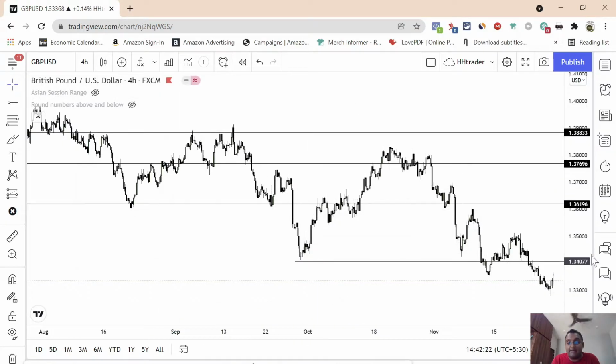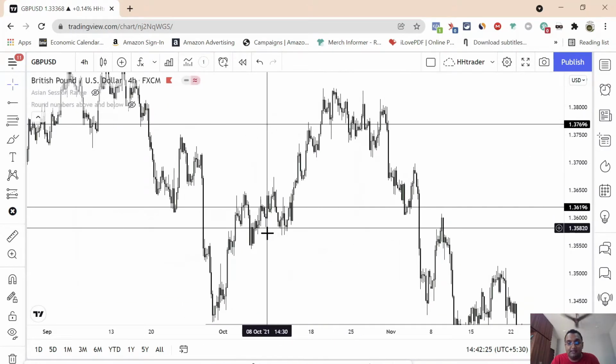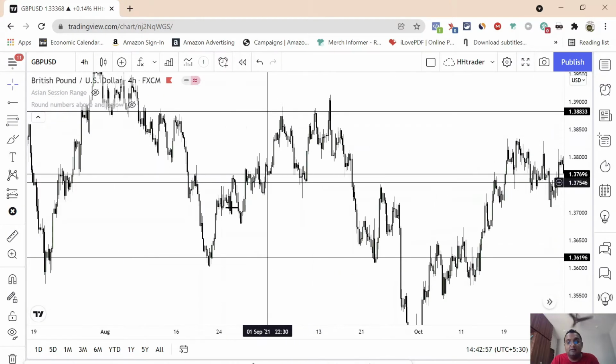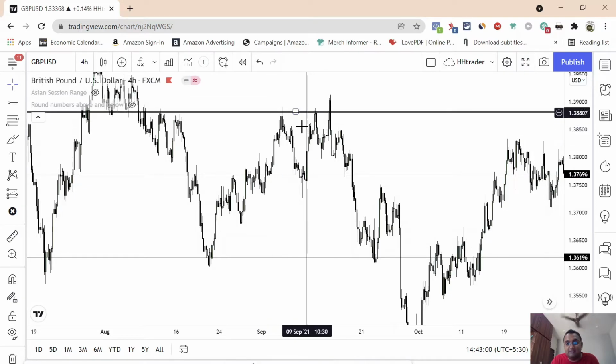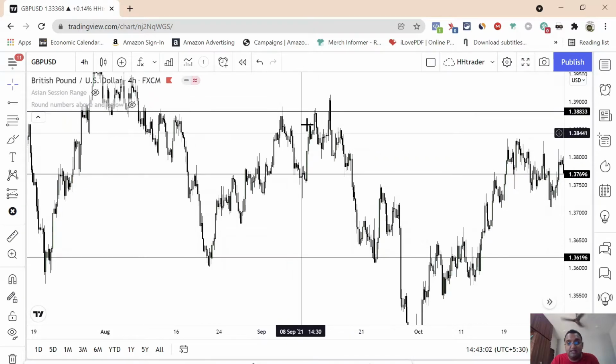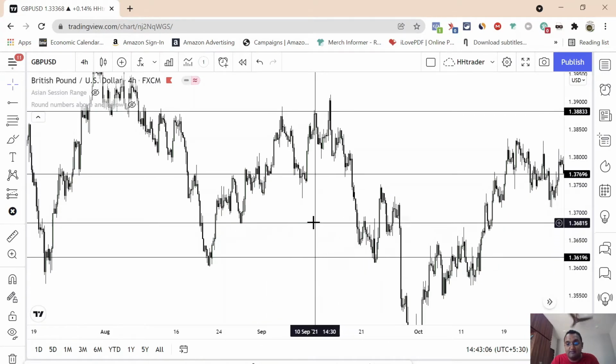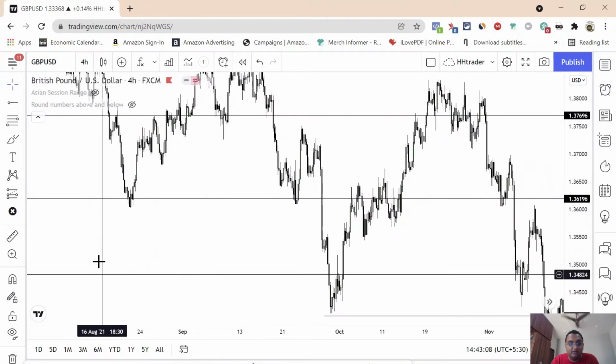Now that was super random. Let's zoom in and see what we can see. You can see that it resisted 3 times over here, and you can see it's got support over here.